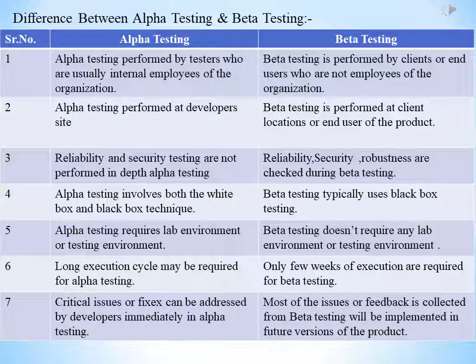Number 5, the alpha testing requires the lab environment or testing environment, and beta testing doesn't require any lab environment or testing environment. Number 6, long execution cycles may be required for alpha testing. In beta testing, only a few weeks of execution are required.